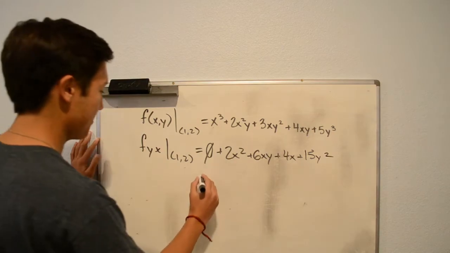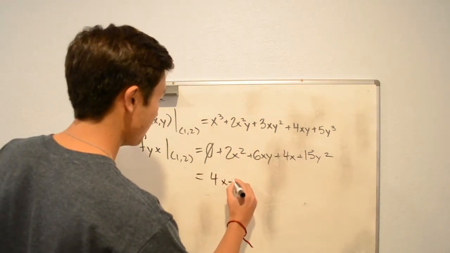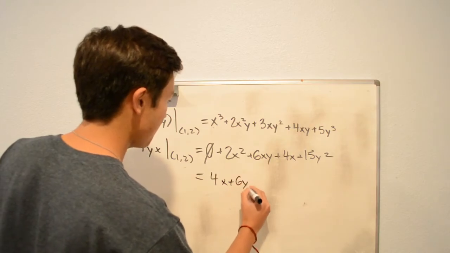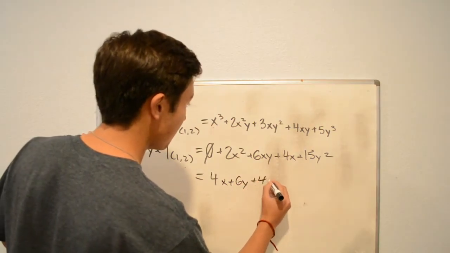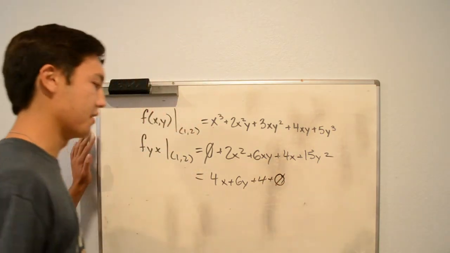And then now with respect to x, so 4x plus 6y plus 4 plus 0, because y is treated as a constant in this case.